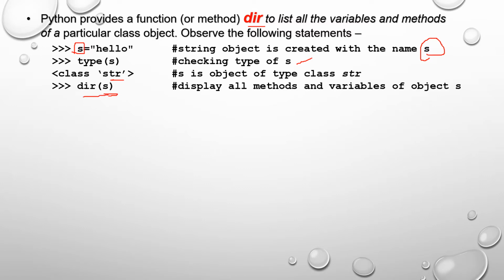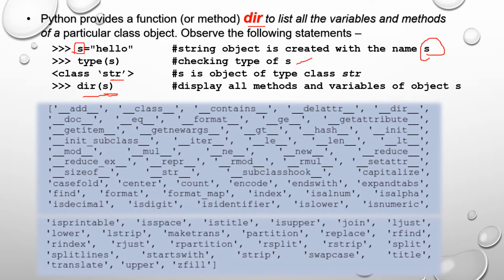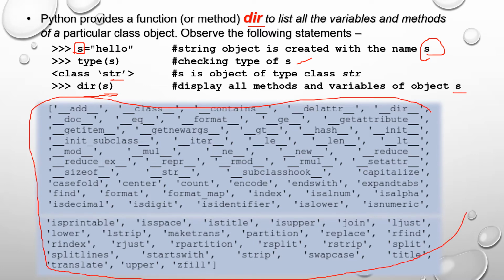It displays names such as __doc__, __init__, join, upper, lower, capitalize. So these are the variables and methods of the class str.